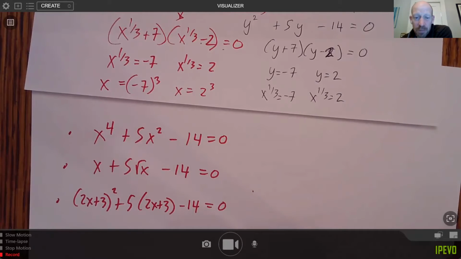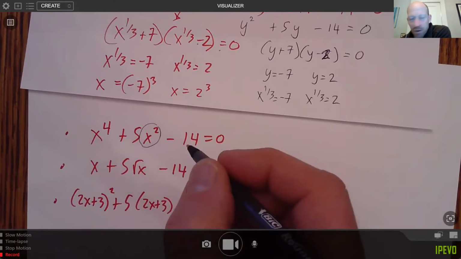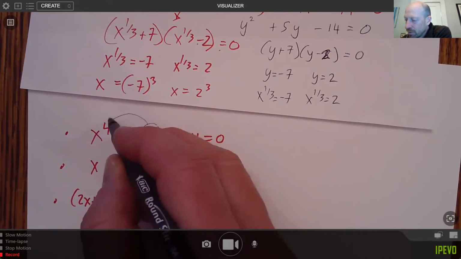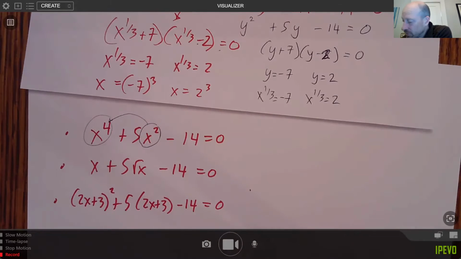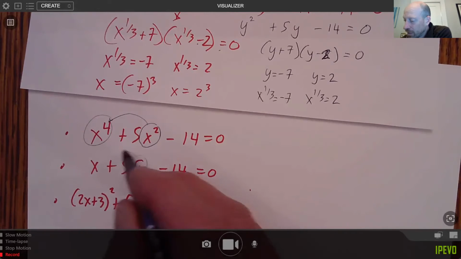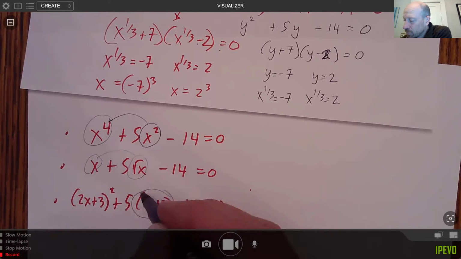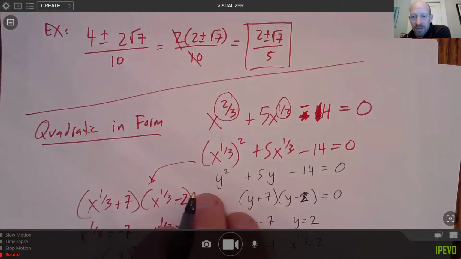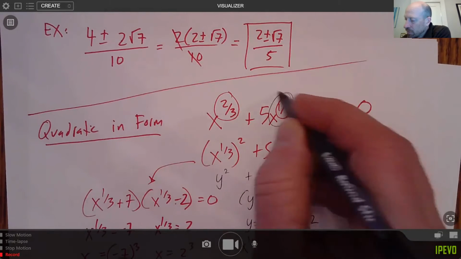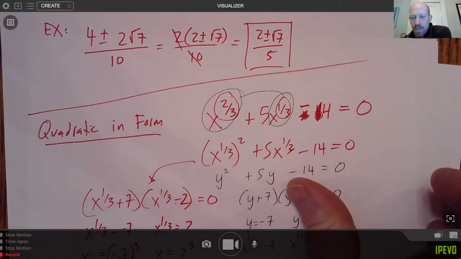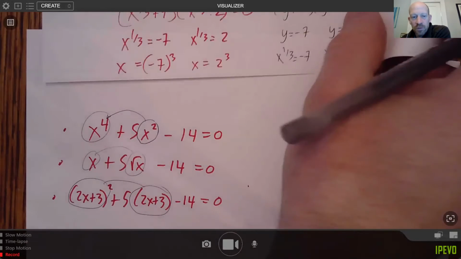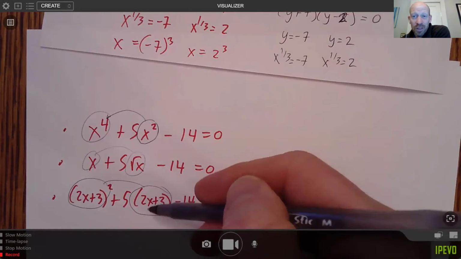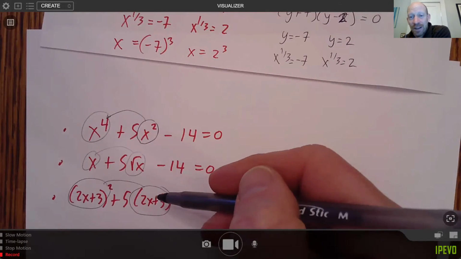These are all different problems, but they're the same structure underneath, where this piece here is squared for that leading term. Square root of x squared is x. 2x plus 3 squared is 2x plus 3 squared. In the same way, this squared was that. So all of these versions, I would really do it in the same way. I would factor them out.